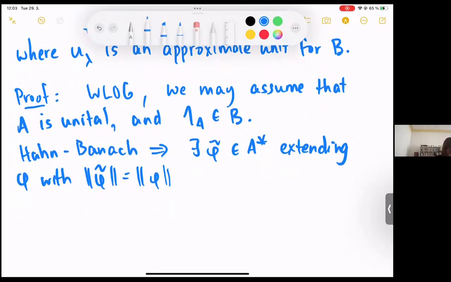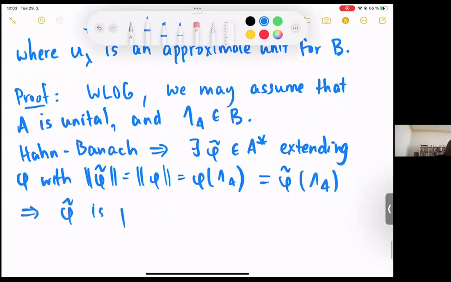If it's extending and has the same norm as phi, we know that's just phi of the unit of B, which happens to be the unit of A. So that means this is phi tilde of 1_A, which implies that phi tilde is positive.